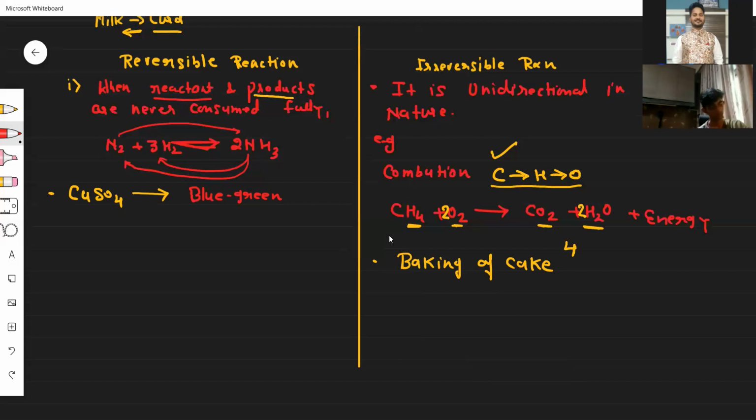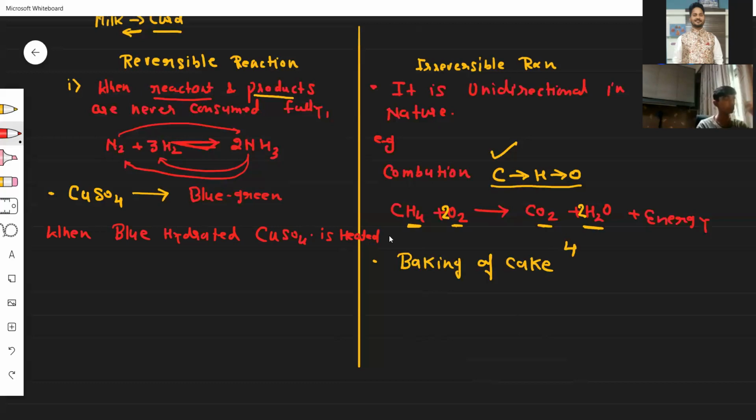Copper sulfate is also found in a white powder form. When you put CuSO4 in water, you get a blue color.